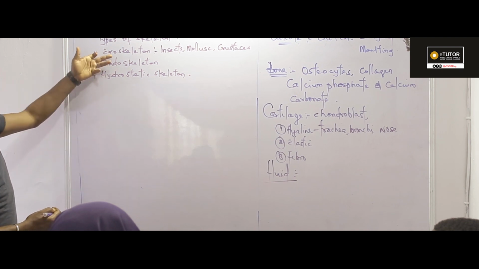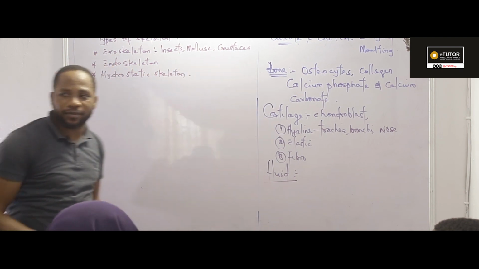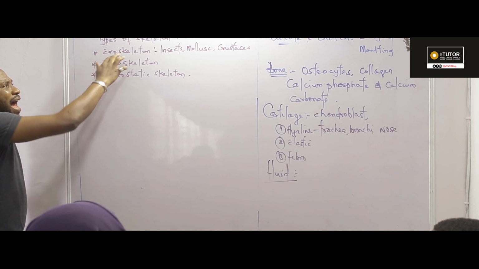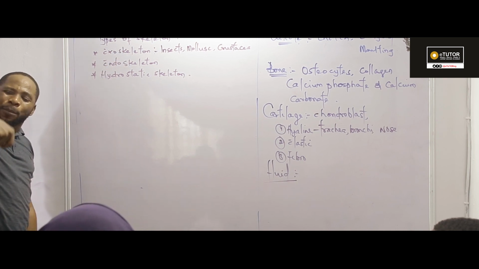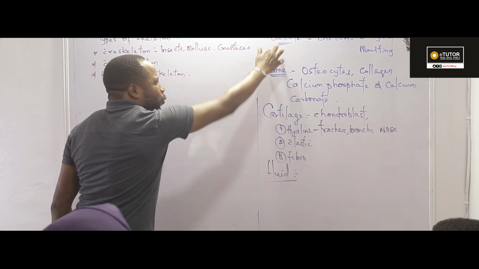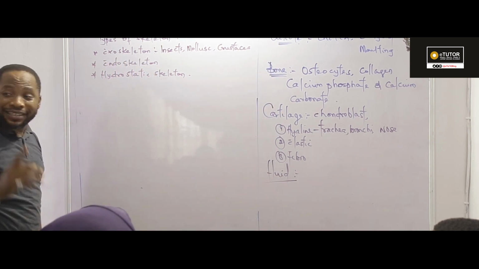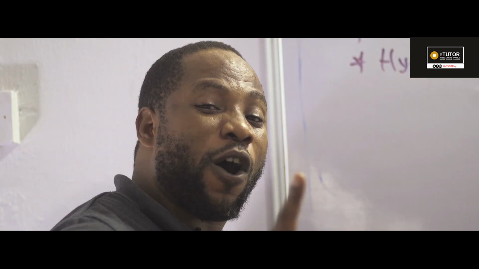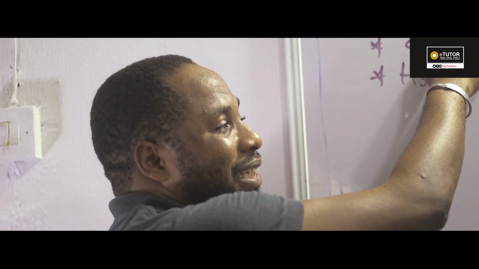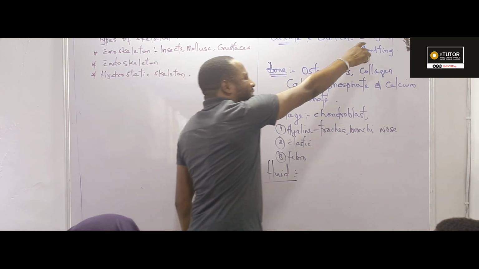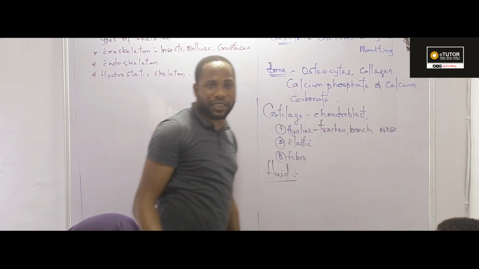Now, let me relate this with forms of skeleton. Animals that have exoskeleton as their type of skeleton, their component of the skeleton is cuticle. That is, the skeleton consists of dead cells. So, the animal that has exoskeleton undergoes ecdysis or what? Molting.